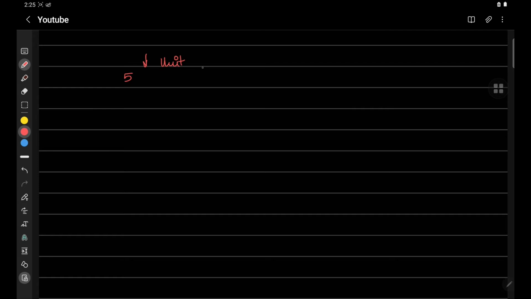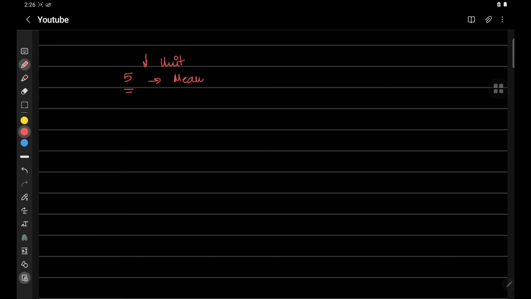Because if a quantity is not described with an appropriate unit, it would not make sense. Okay, let me repeat that for you. Let's suppose we have just the numerical magnitude here, the number 5. It does not have a unit here. It would not make sense. So it's very important for us to write down an appropriate unit next to the magnitude, so that it makes sense of something. All right, so the number 5 on its own means nothing, right?